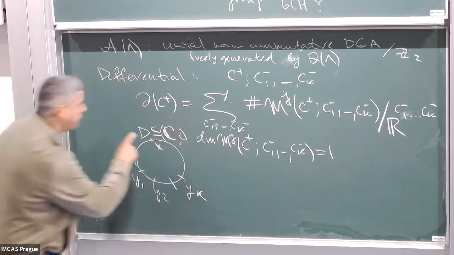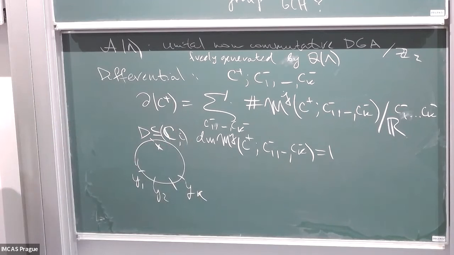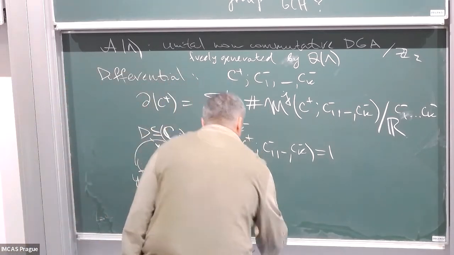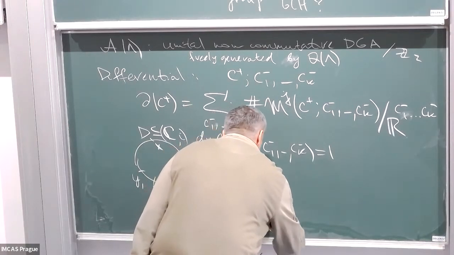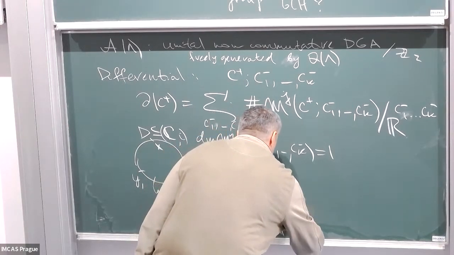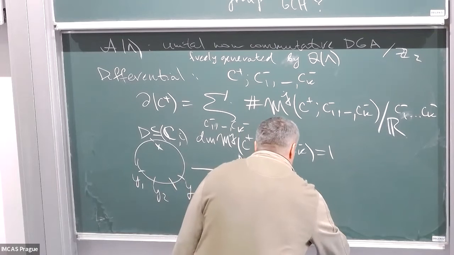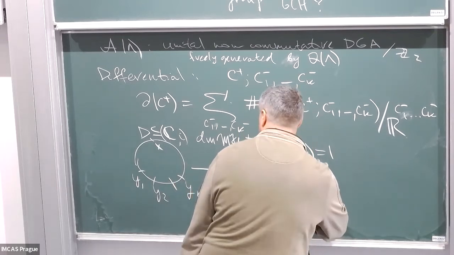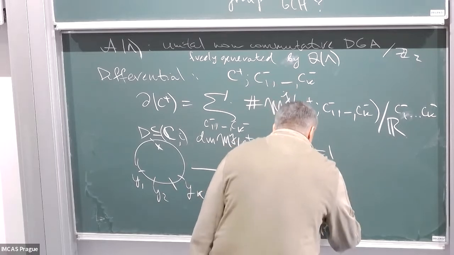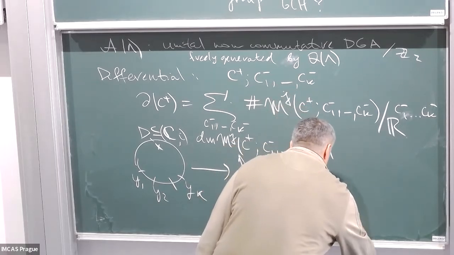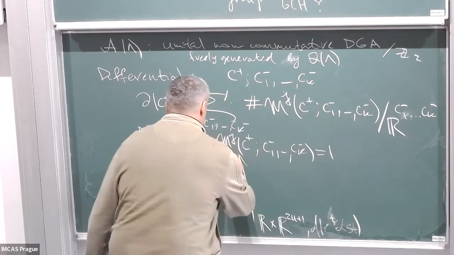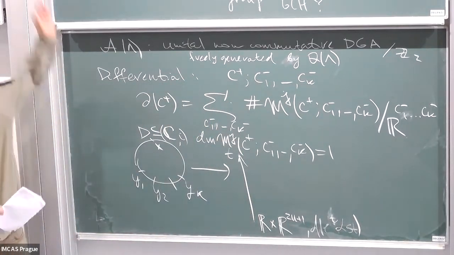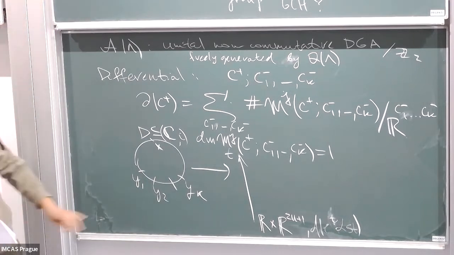We have the standard complex structure i on C, and we will map these to R times R to the 2n plus 1 with the symplectic form d e to the t alpha standard, where t is the R direction. So I take my contact manifold and take a product of it with R.